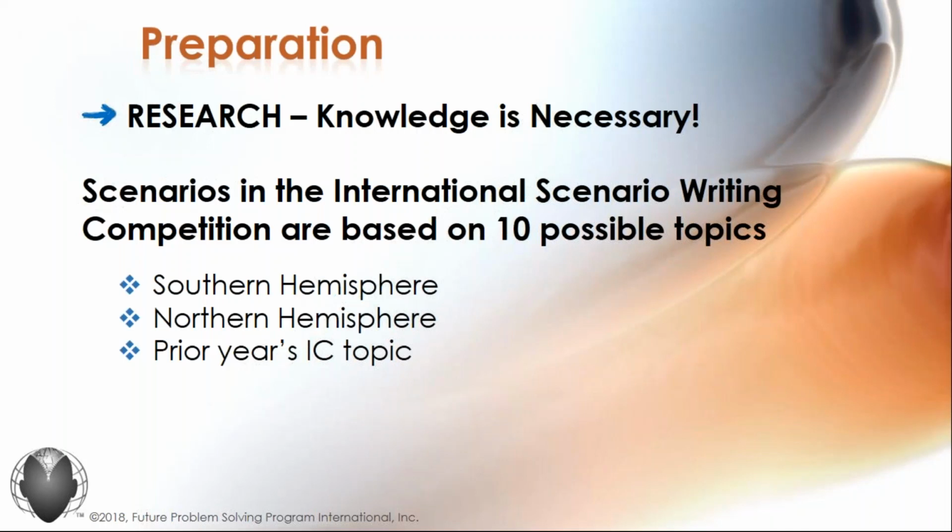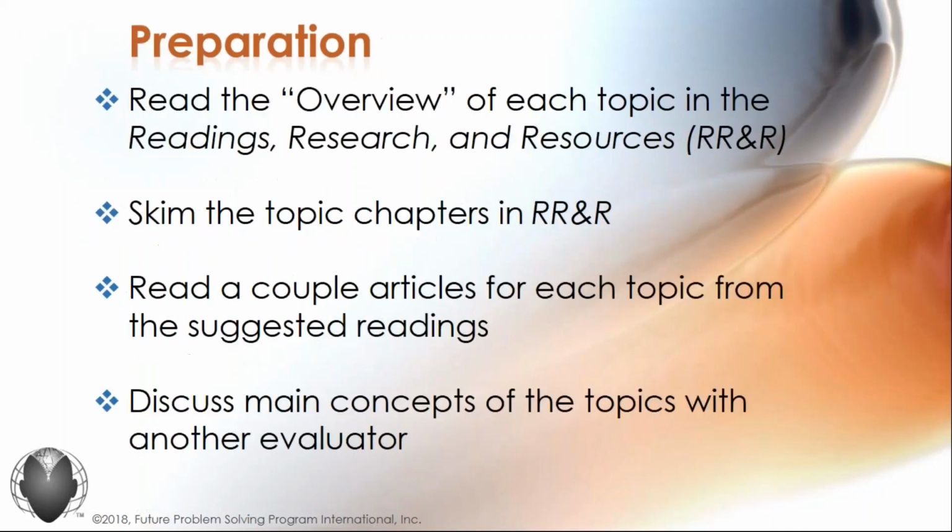So we have the Southern Hemisphere topics and the Northern Hemisphere topics. And then the students are also allowed to write on the prior IC topic. And in this instance, last year's topic was on criminal justice. So students could submit a scenario based on that topic for this year's competition.